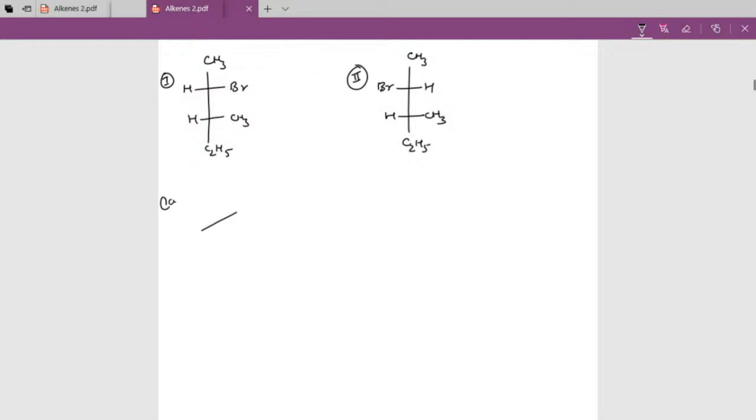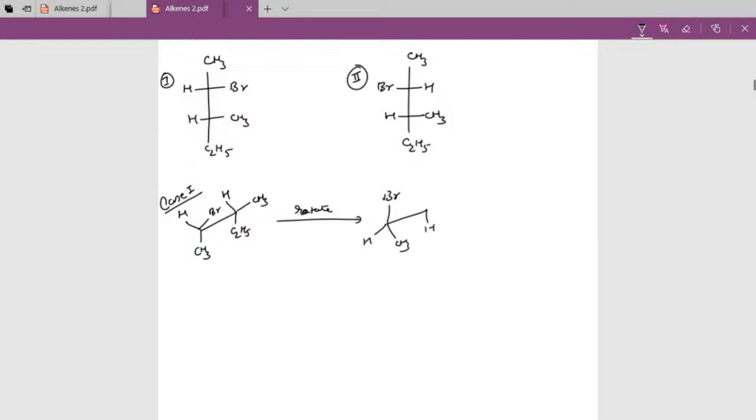So first I am taking case 1. Okay, so the way it is given, I will say that it is CH3, C2H5, bromine, CH3, H and H. To have the anti-periplanar arrangement, I have to rotate it to say bromine, H, CH3.